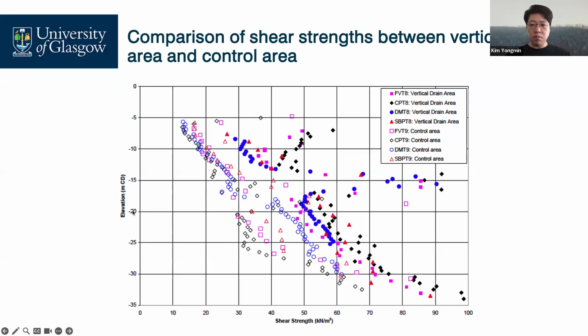For example, at 20-meter depth from the ground surface, the control area, the original ground, is something like 30 to 45, but the improved soil layer at the same depth has almost 50 to 60, a strength increase. Okay, thank you. Yeah, this soil resists more load.